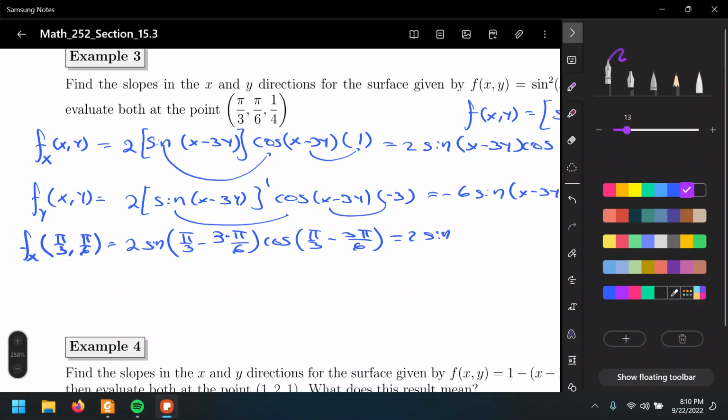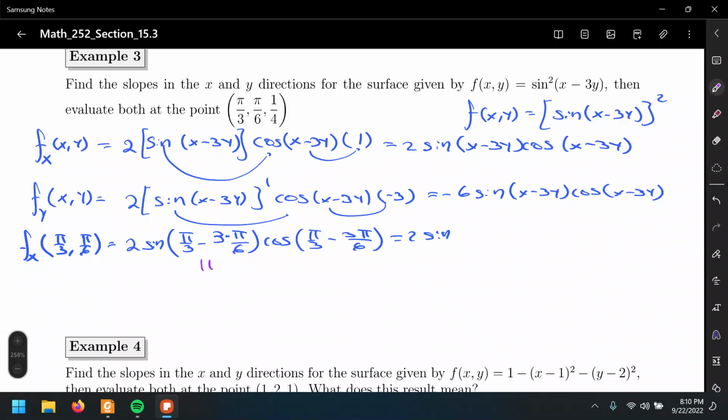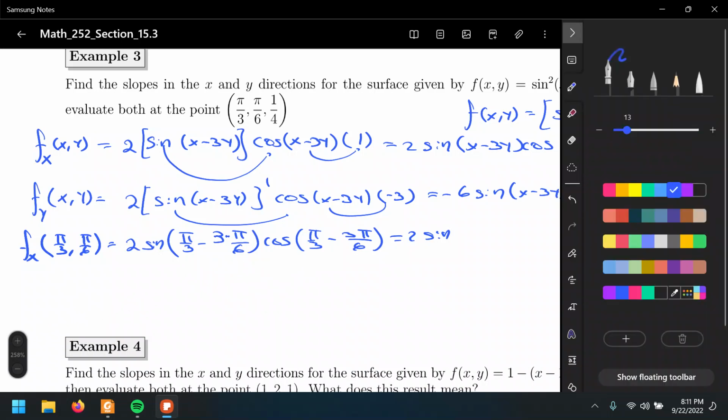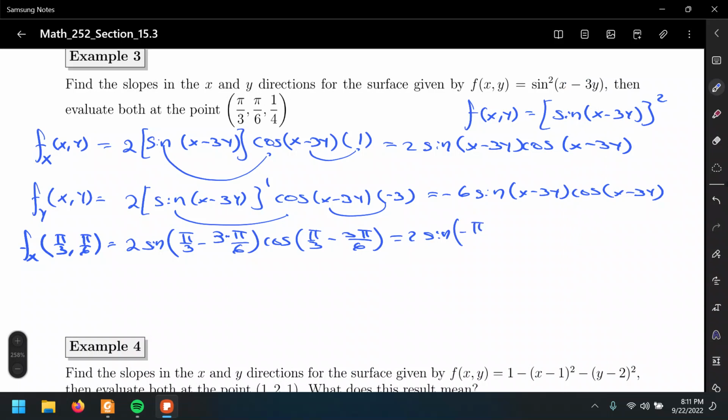Let me do the calculation on the side: pi over 3 minus pi over 2. We need a 3 and a 2, so 2 pi minus 3 pi, that's a negative pi over 6. So negative pi over 6, cosine negative pi over 6.